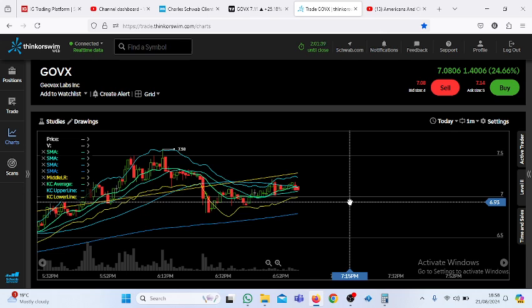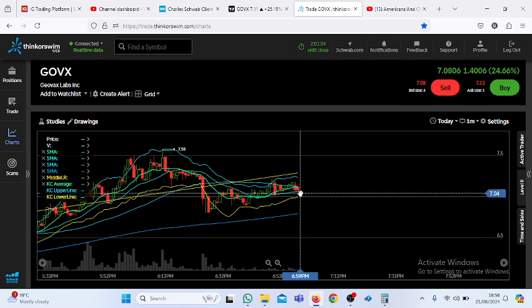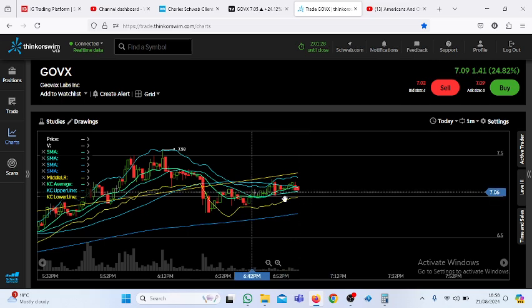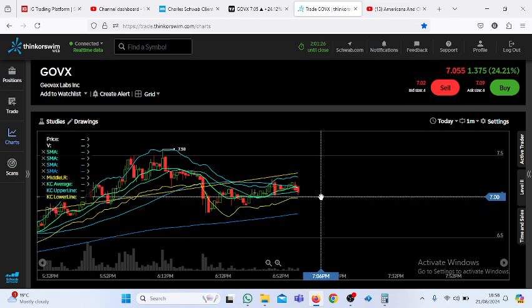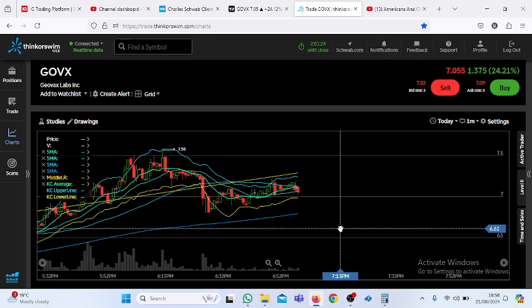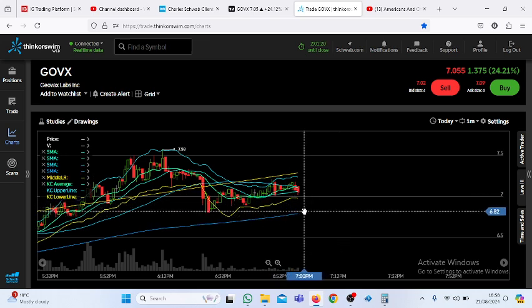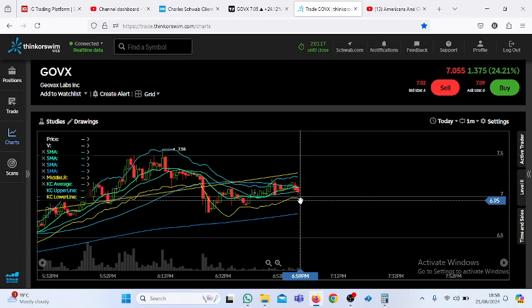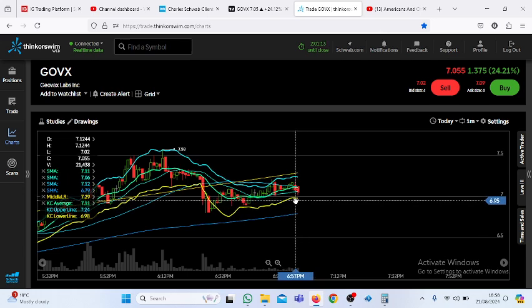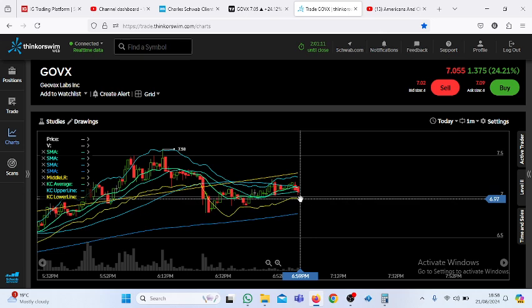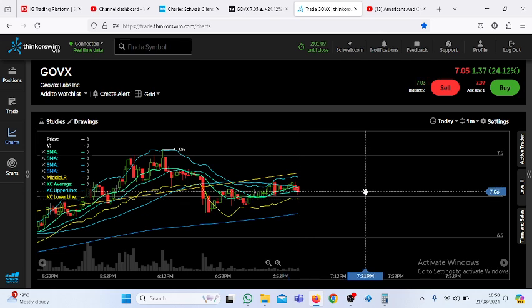24.66. With this slight retracement towards its 20 period moving average, going by what's been going on, I think they might expect it to rebound. We're looking at it now, it's trying to test the lower line of its price channel. This is the lower line, and it's currently trading at 6.97.